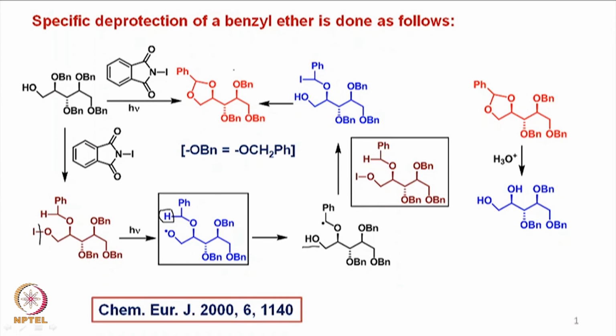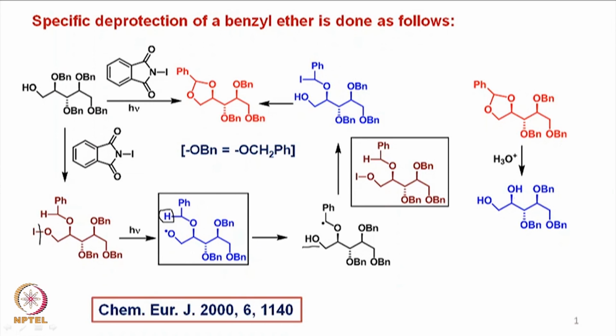Now, this ketal having 3 benzyloxy groups can be hydrolyzed under acidic conditions, because these benzyl ether groups are stable under acidic conditions, but this ketal is not stable and undergoes hydrolysis to form the corresponding diol.